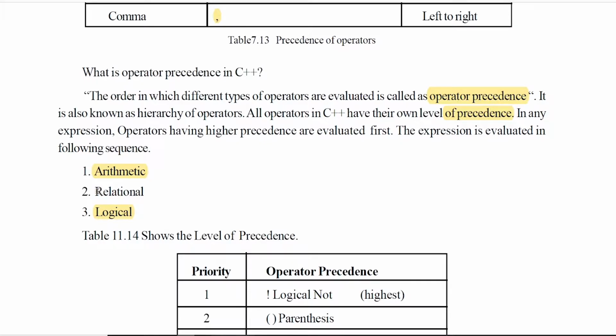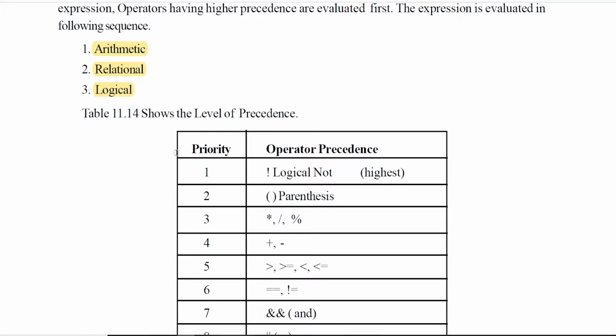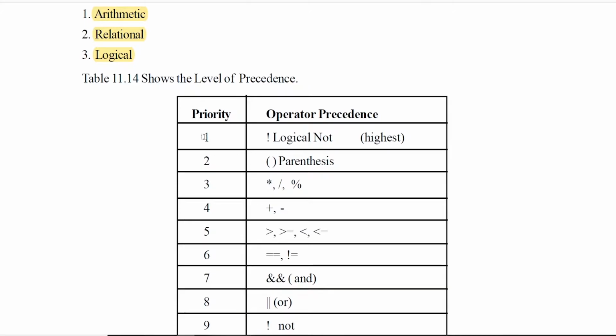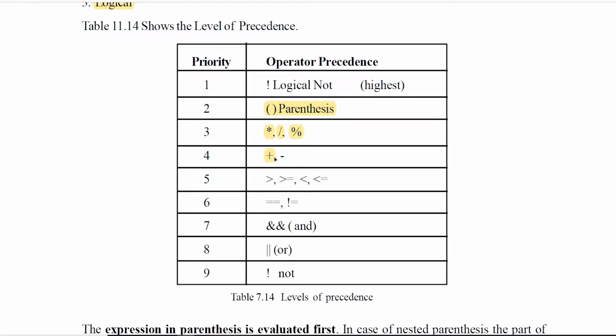That is, relational operations second preference, and then we have logical at the end. You can see here the levels of operator precedence. We have the logical not first. Then parentheses, evaluate whichever expression is in the parentheses. Then star, slash, that is multiplication, division and modulus operators. Then addition, subtraction, and again greater than or equal, less than or equal.